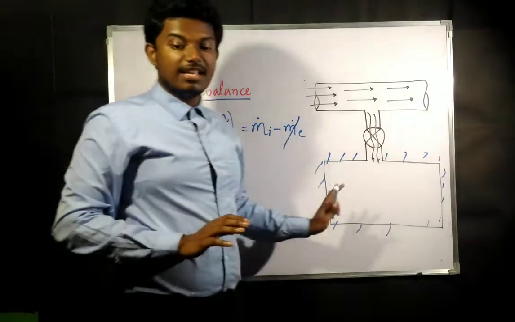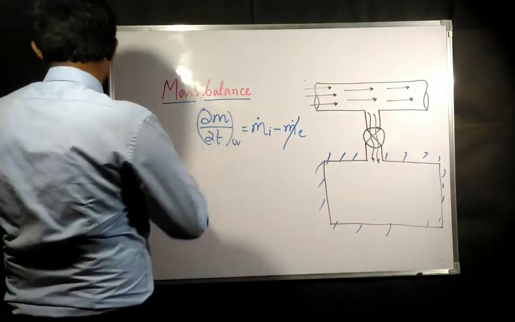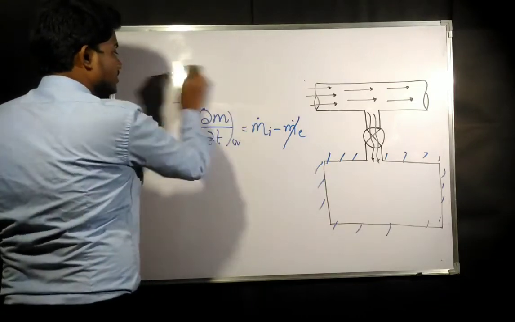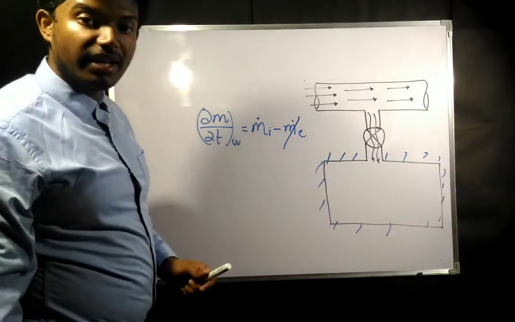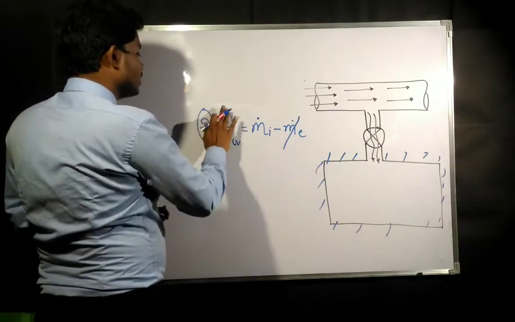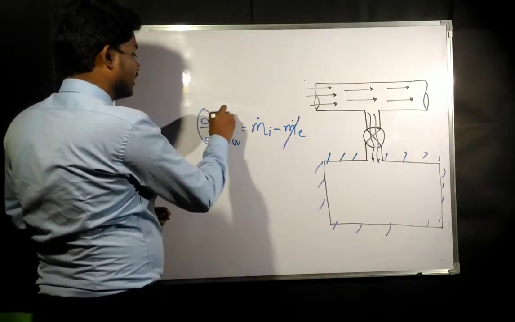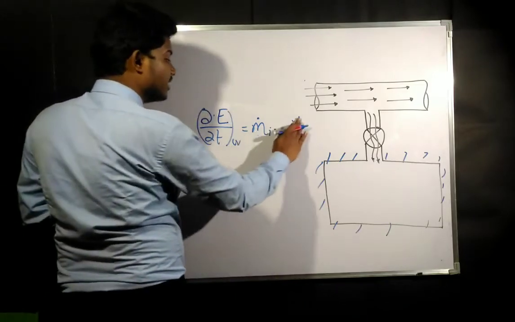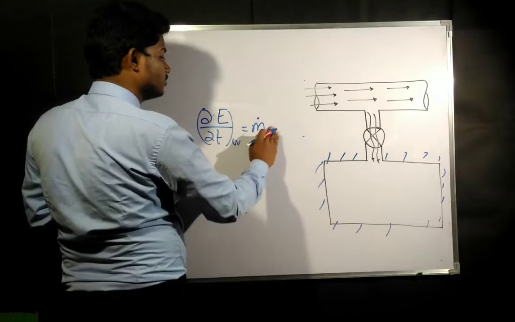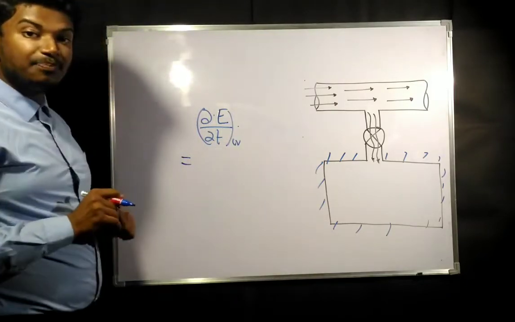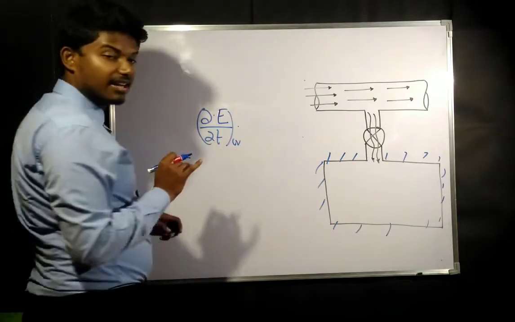So this is one special case. Another thing is the energy balance, where similarly there is no exit. So separately, let us write the energy accumulation rate equation.